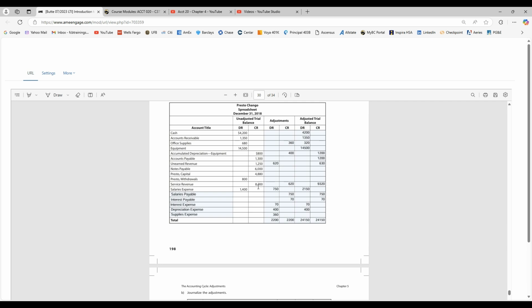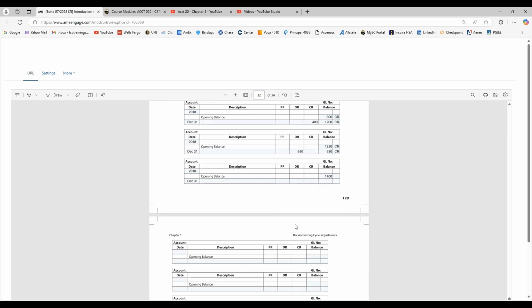So that balance is 8,700. It's a credit balance because revenues have credit balances, and then we increase that by 620 for that unearned revenue that got recorded. Increasing that with a credit brings us to 9,320.